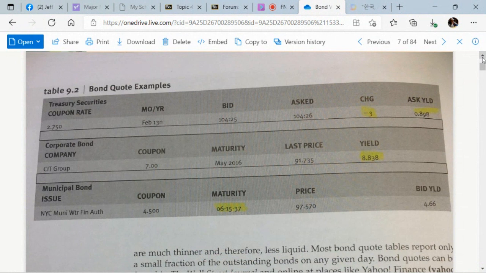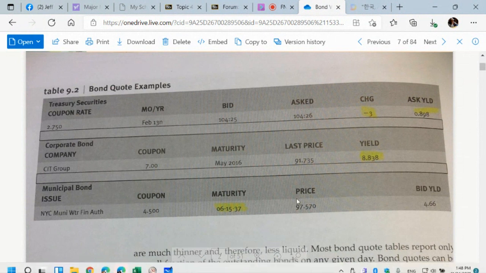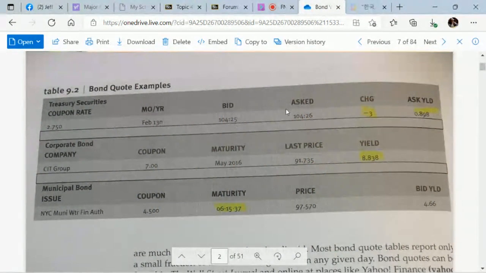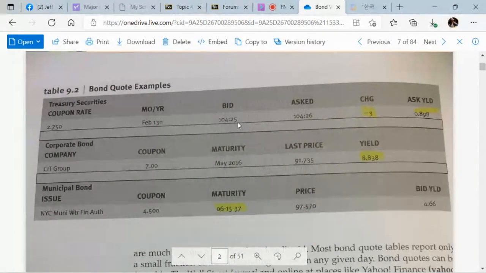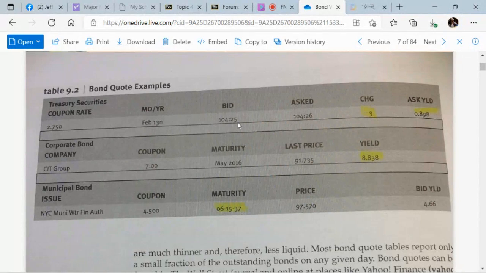Bid and ask, maybe they will use only one, not two, and they may not use the 32nd system in online media, just regular percentage. But this is how it is in the print media.